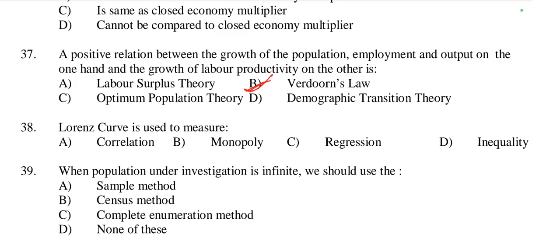It suggests that as output increases, labor productivity also tends to rise, often due to increasing returns to scale. So this law highlights how economic growth can lead to improvements in productivity, influenced by factors such as population growth and employment levels. So it is called Verdoorn's law.